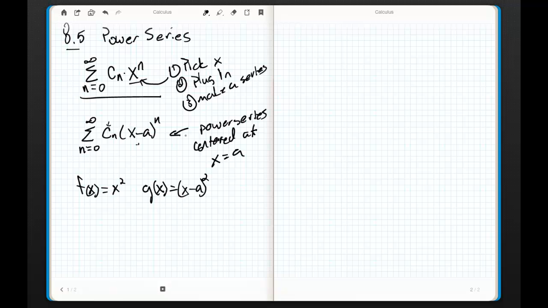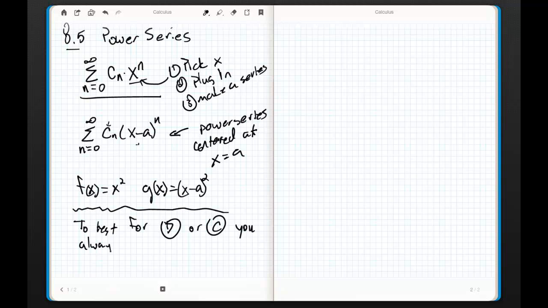Now, let's play with power series for a sec. The best part of power series, the absolutely fantastic part, is to test for divergence or convergence, you always use the ratio test.